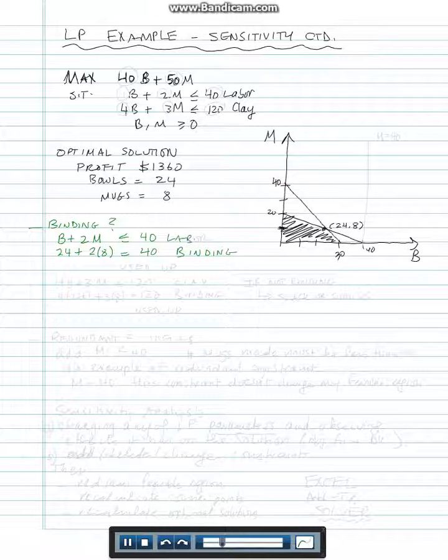So the labor constraint is binding, which means used up. We used it all. Let's check the clay, 4B plus 3M, and see if it is equal to 120. So 4 times B, which is 24, plus 3 times 8. And let's see what that is.